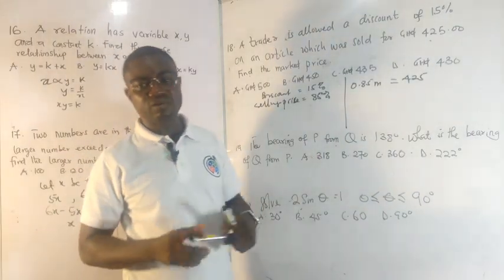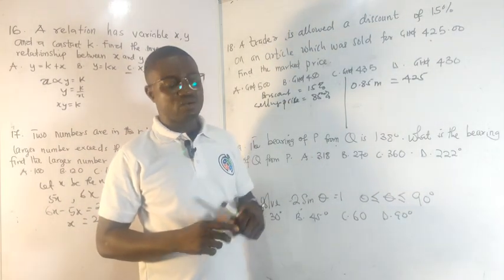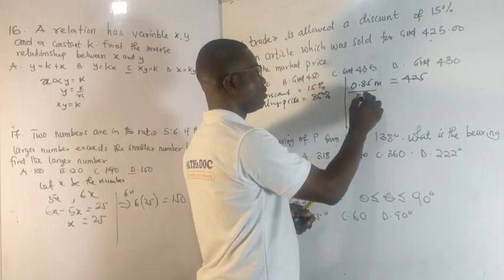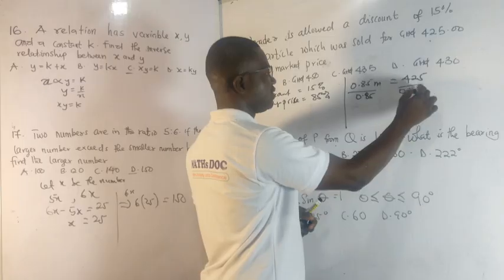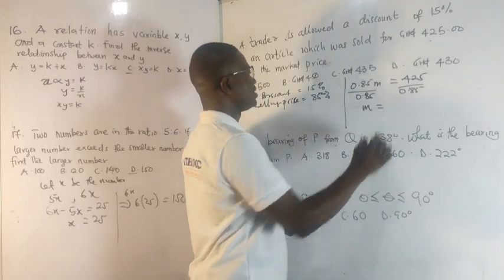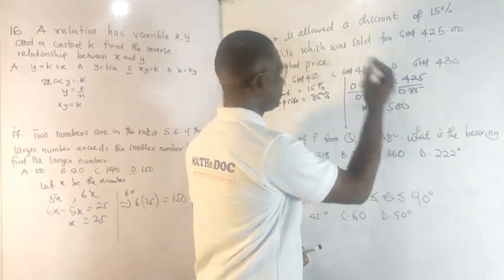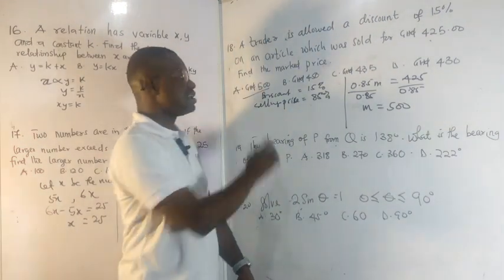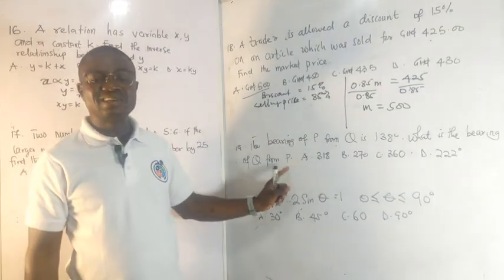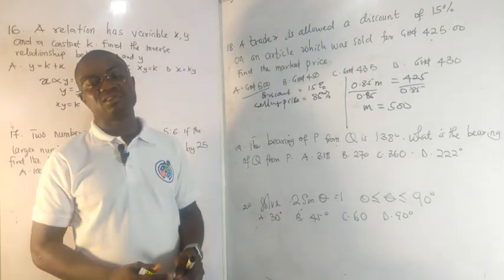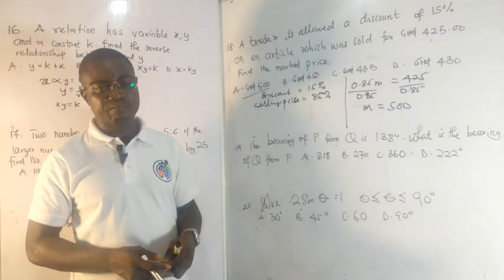Now, if you divide through by 0.85, you are going to have 0.85 divided by 0.85, and our marked price is going to be 500, and our answer is A. Now let's look at this question. Please never miss this type of question. Try your hands on question number 19, which is bearing.